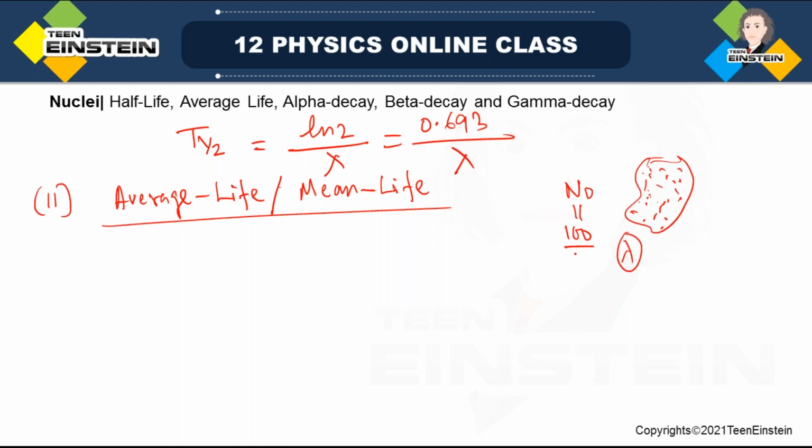So all the nuclei may not start decaying at the same time. Somebody starts in the beginning, somebody starts after 5 seconds, somebody starts after 1 year. Even though they have the same lambda, all of them may not decay at the same time.